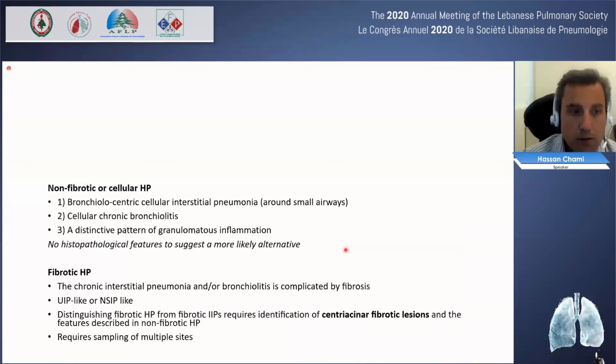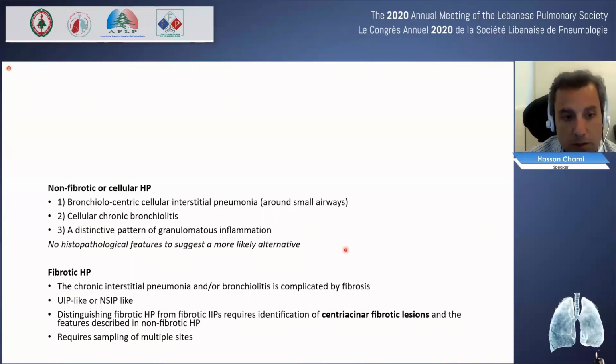With regards to the pathology, the findings are also heterogeneous. They're more well-defined for the inflammatory type. It's a traditional triad of an interstitial pneumonia that's bronchiolocentric, so it's surrounding the small airways and resulting in these imaging features.